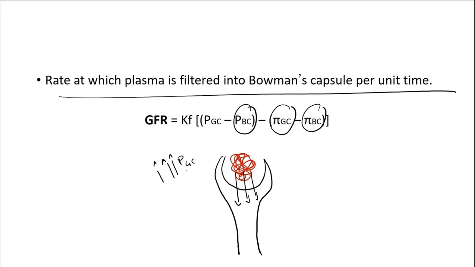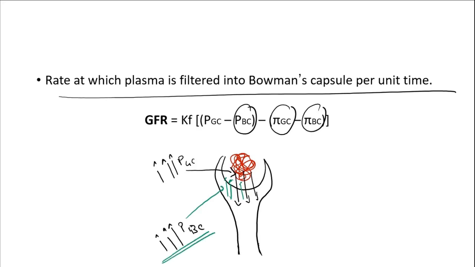Now let's say this is a Bowman capsule, and if the hydrostatic pressure in Bowman capsule is high, it will oppose filtration.